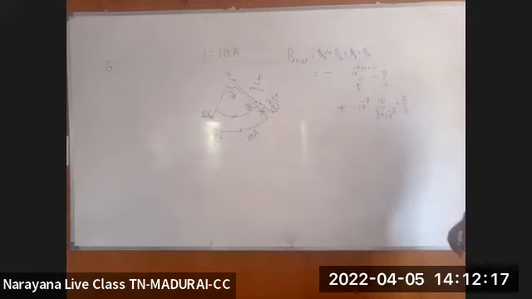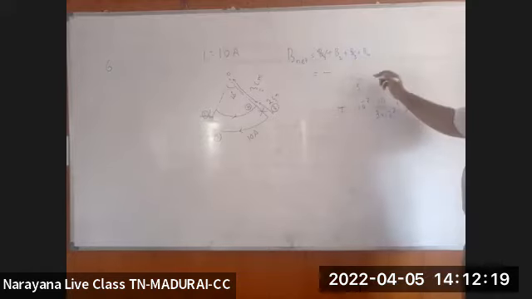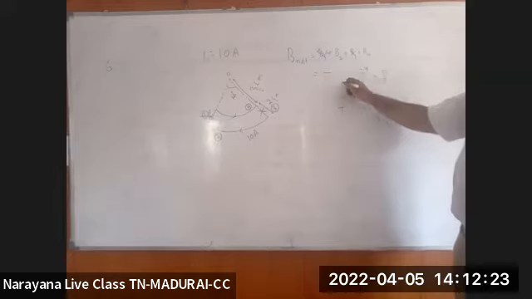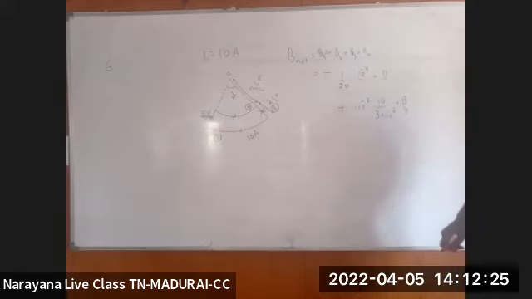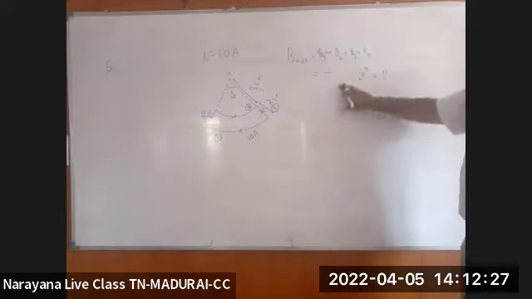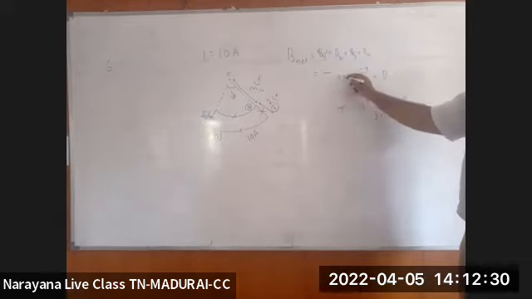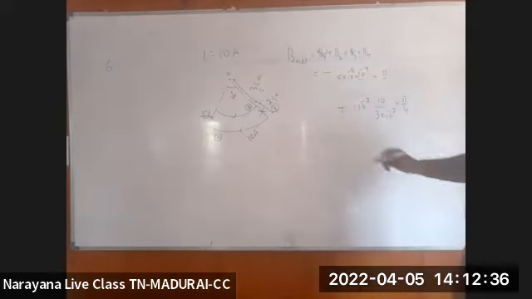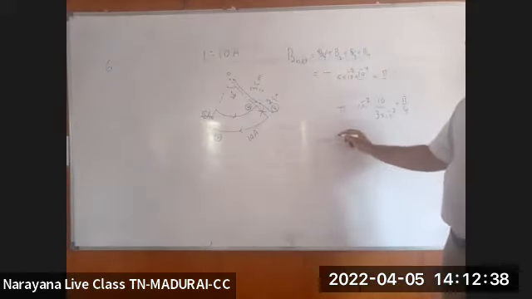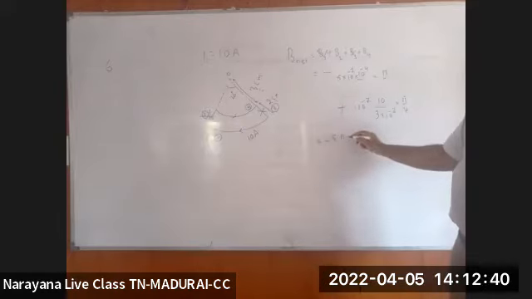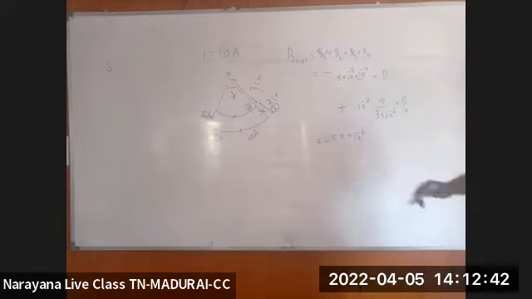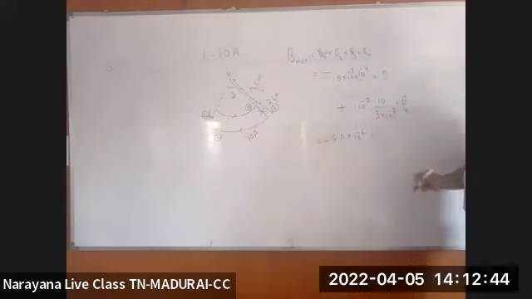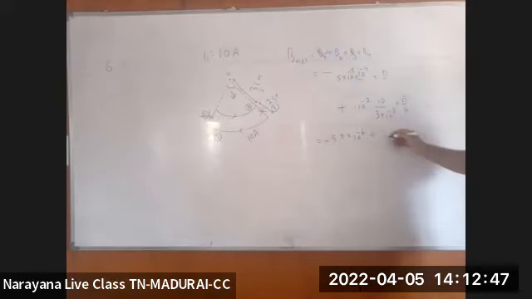So 3 minus 7 means what? 10 power minus 4. 1 by 20 means what? 0.05. Correct? 0.05 means what? 5 into 10 power minus 2. Here how much? 1 by 12 means? How much is that? Minus 5 into 5 into how much? 10 power minus 6 and plus 1 by 12.